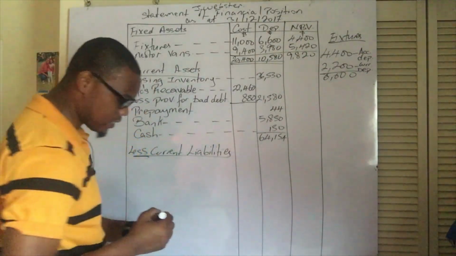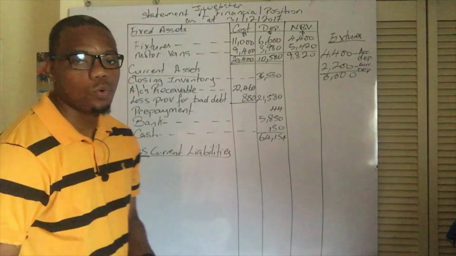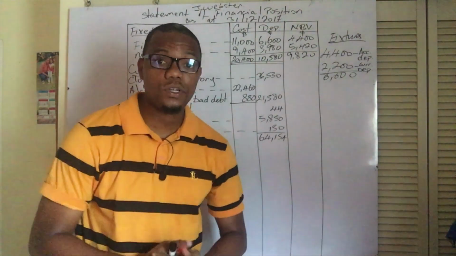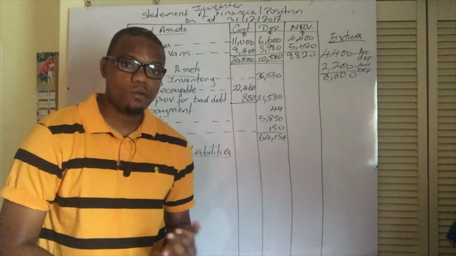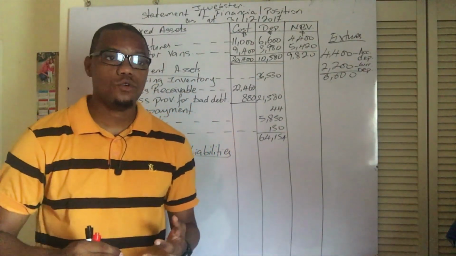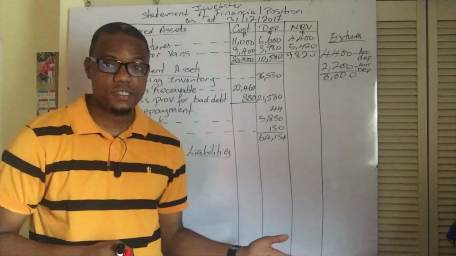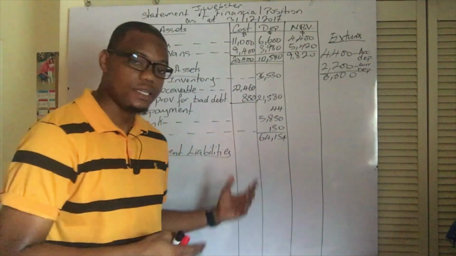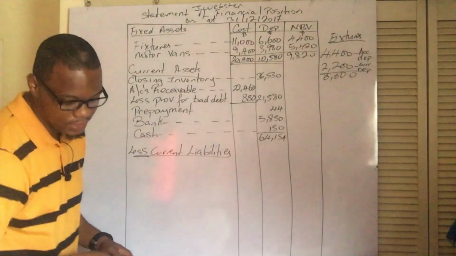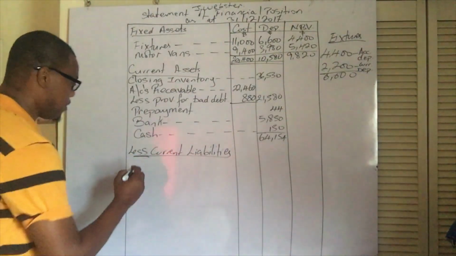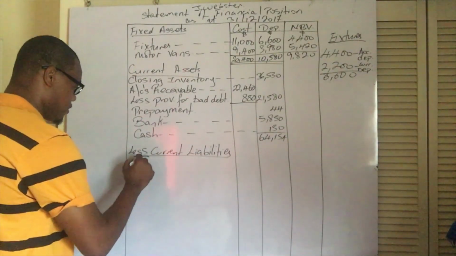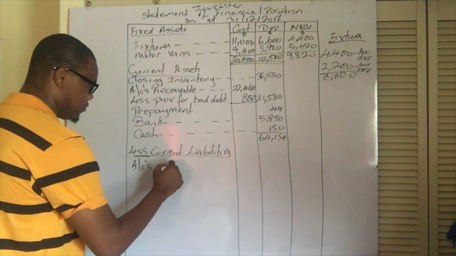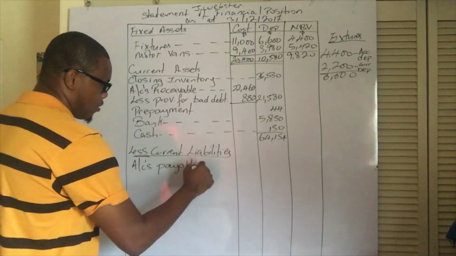So your current liabilities are basically like your accounts payable, or creditors as they would call it, your short-term loans, or if you're owing on your expenses, you call it accrued expenses. These are all current liabilities. So let's look at it now. So we have accounts payable, or you can say creditors.